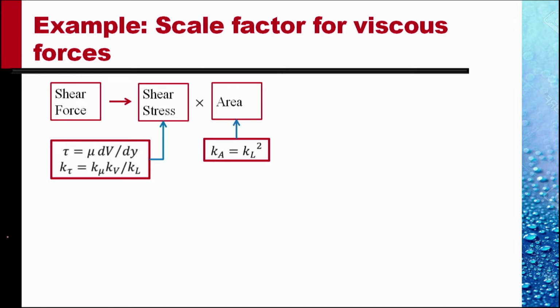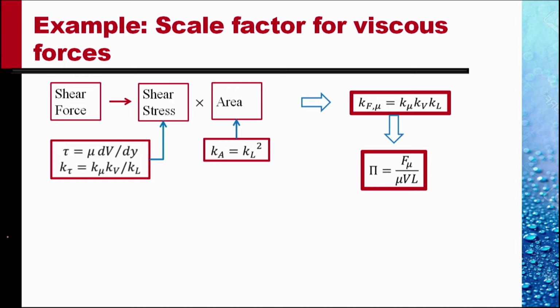The area scale factor Ka is Kl square, as was shown in the last class, and therefore K for the viscous force is equal to K mu Kv times Kl. This is the scale factor for the viscous forces.